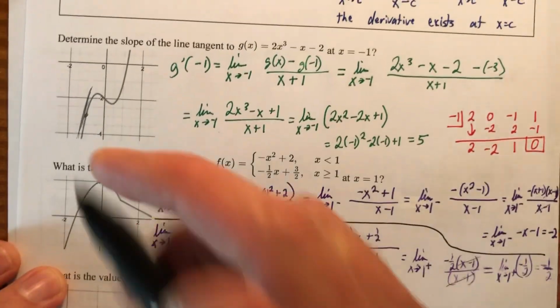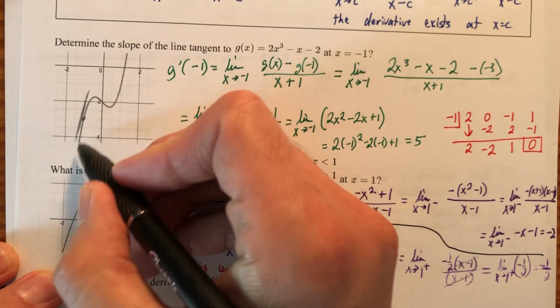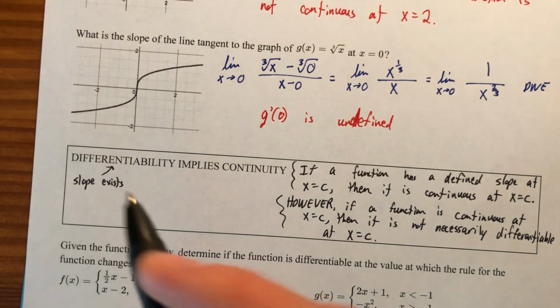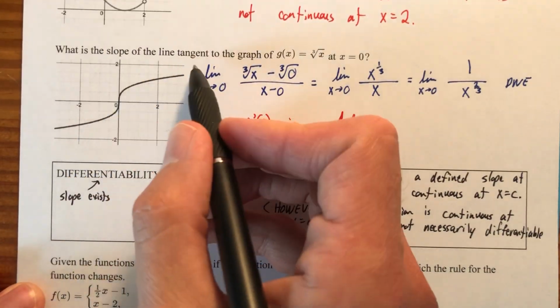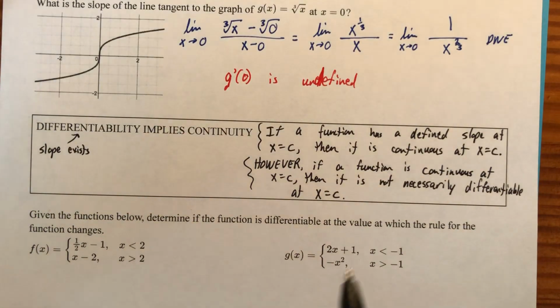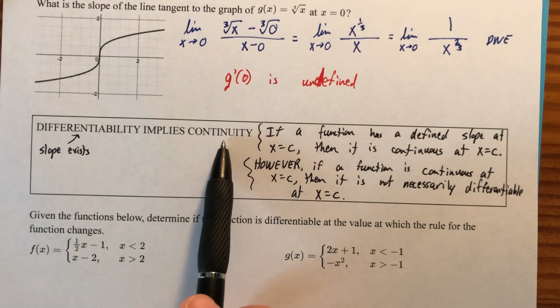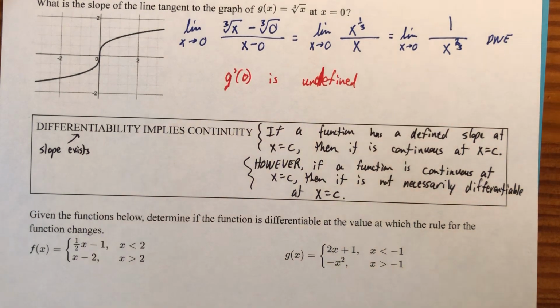Like I could find the slope here and the whole thing was continuous. How lovely. I could not find the slope here, but it was continuous. So if the function's differentiable, it tells me it's continuous. If the function's continuous, it doesn't necessarily mean it's differentiable.